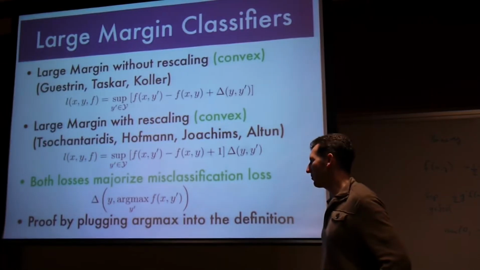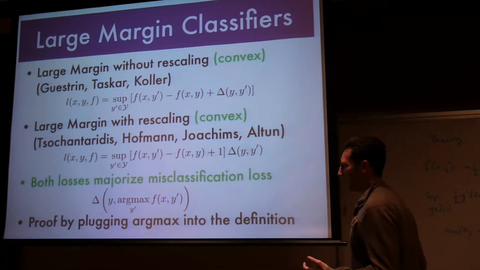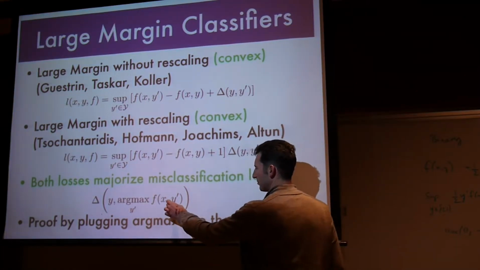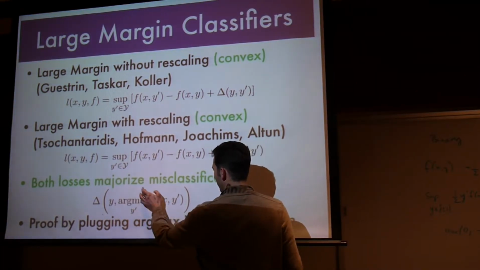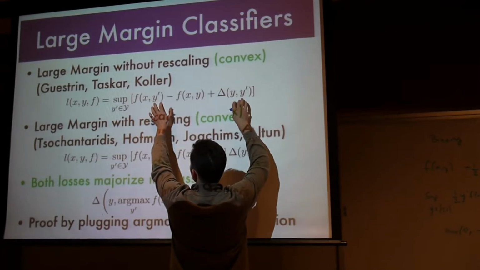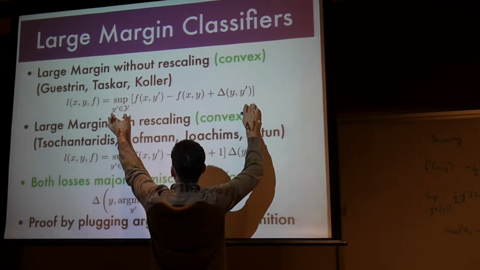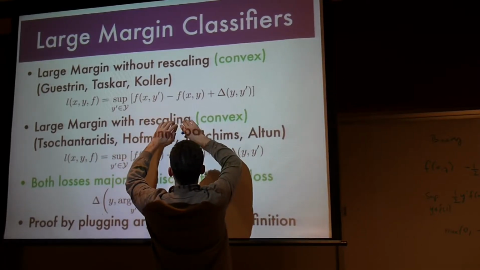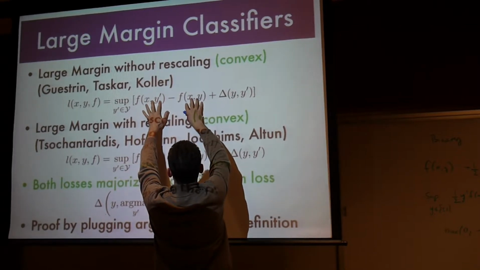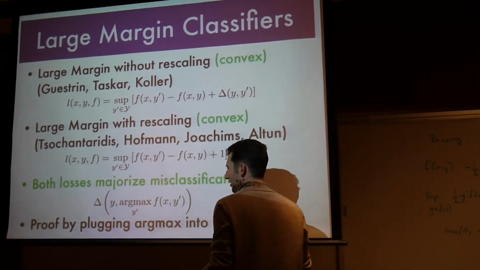The way you prove it is very simple. You just pick the argmax of f of x and y prime, this guy here, and plug it in for this y prime. Now this is, of course, less than or equal to this entire expression. For that argmax, this is greater than that, so we can get rid of it. And this is just our loss. That's the proof.